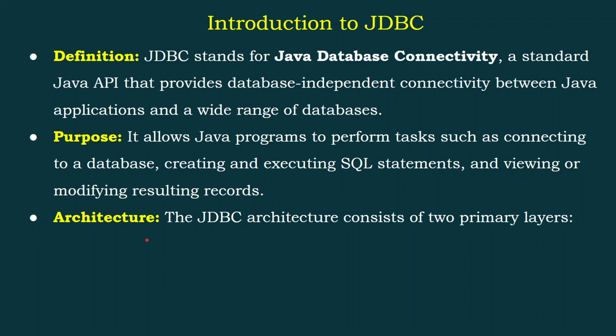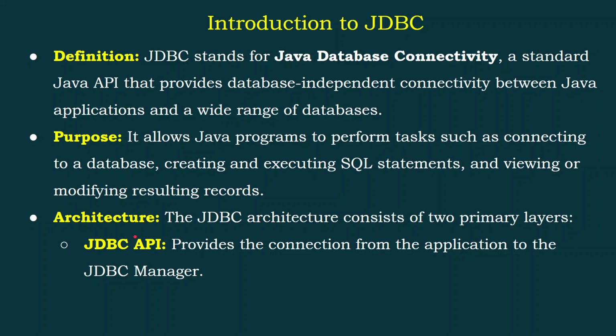So the architecture of JDBC has two primary layers. One is the JDBC API, the application program interface. This provides the connection from the application to the JDBC manager. This JDBC manager manages the connection between the application and the database.